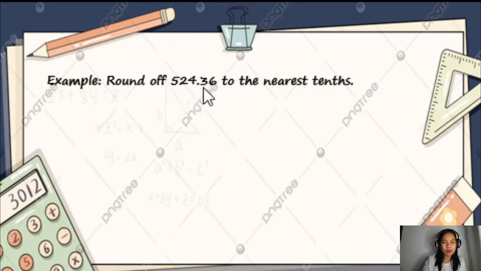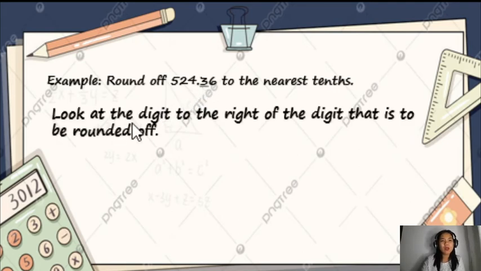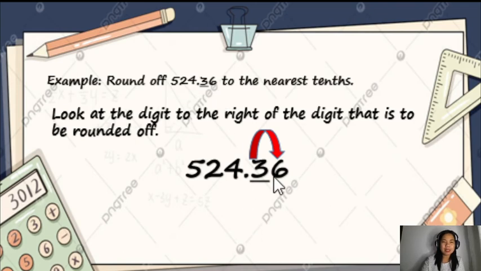So ito yung 3. 3 is in the tenths place. The next step natin, look at the digit to the right of the digit that is to be rounded off. Ano daw yung katabi nung i-round off natin? Sa right. So that is 6.